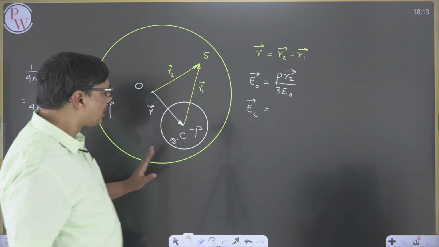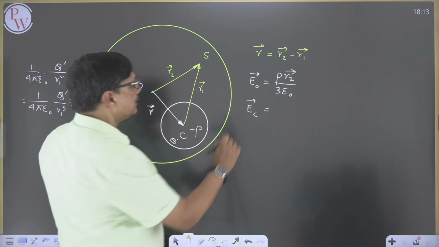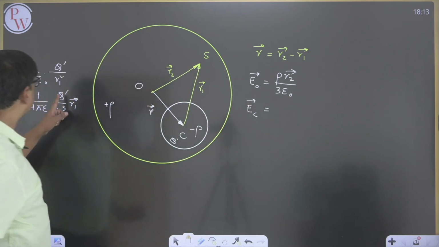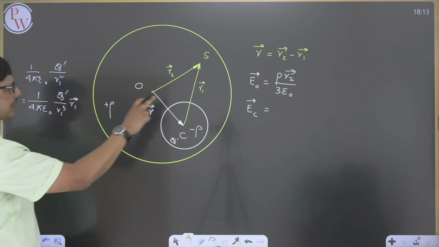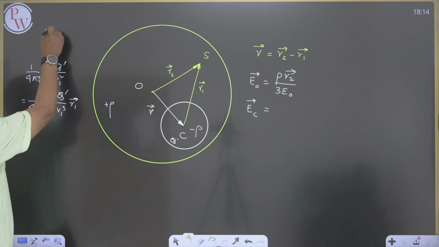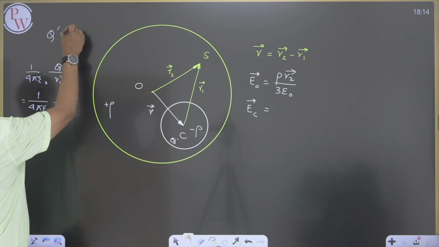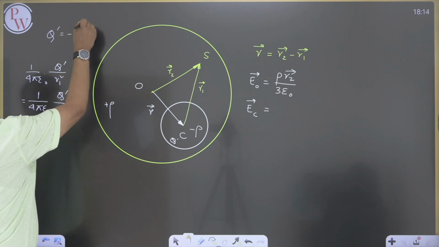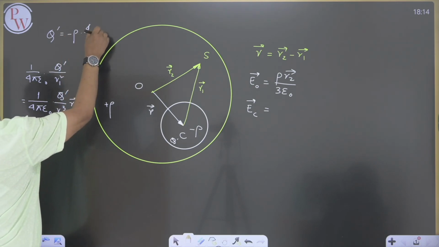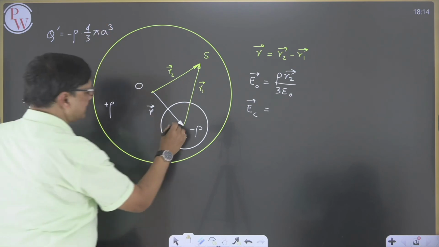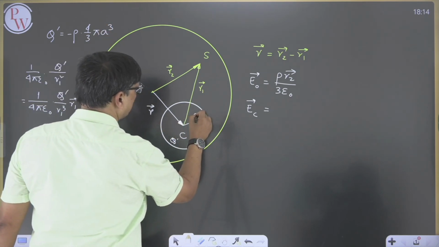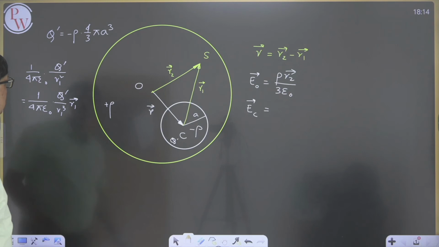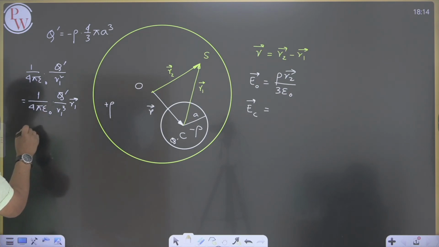This will be along r1 vector, but just note down here that q prime should be again replaced in terms of volume density. So what will be q prime? Q prime will be minus rho into 4/3 pi a cubed, because a is the radius of the cavity that we have taken. So if we replace this, then what will happen? Just replace it here. Only thing, it will come as negative.